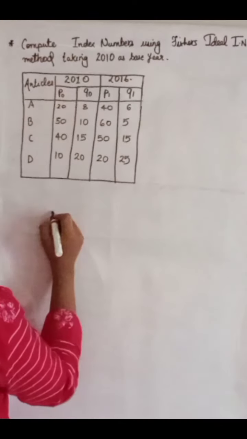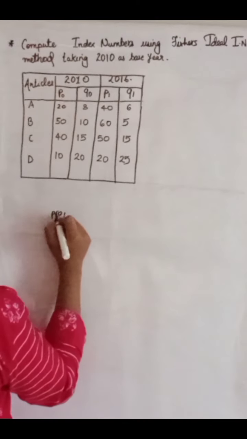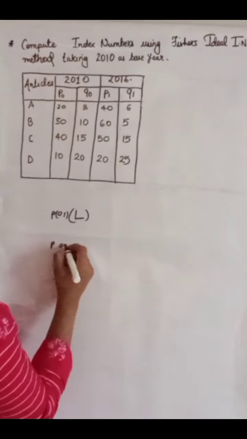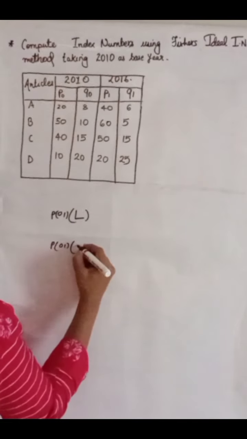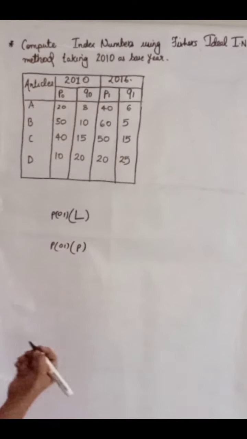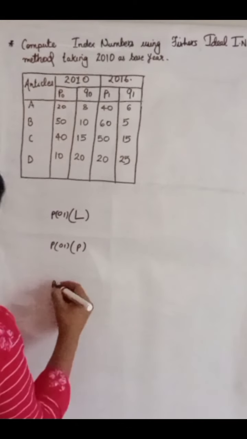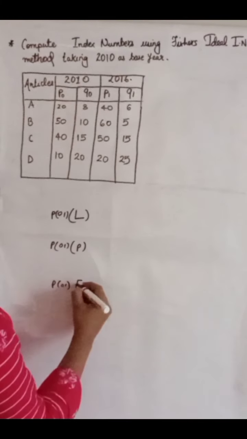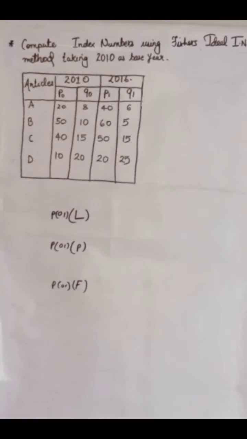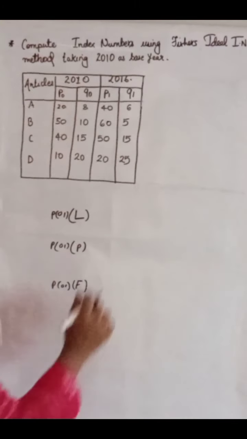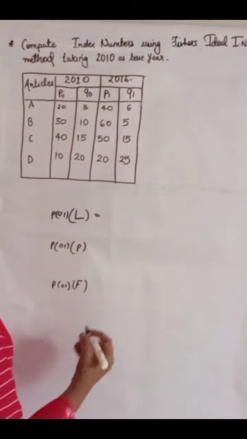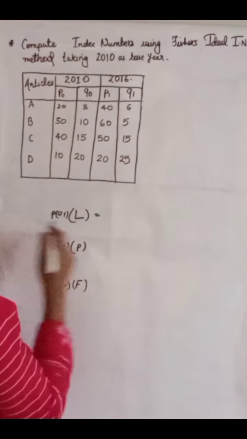We have to find P01 of L, that is the Laspeyres method, P01 of P, the Paasche's method, and also P01 of the combination that we call Fisher's method. All the three methods we have to find. So let us use our super trick to find the solution. What is the super trick for Laspeyres?